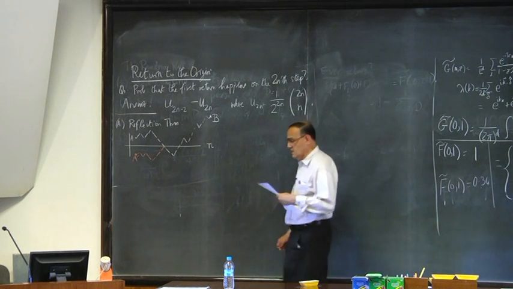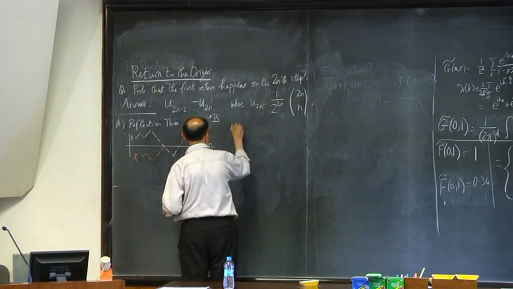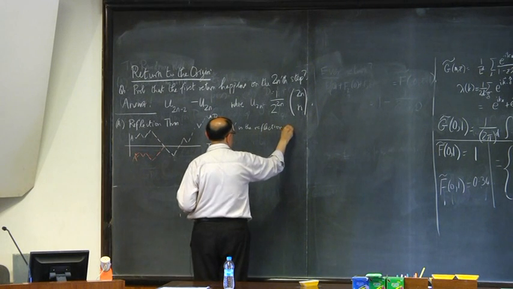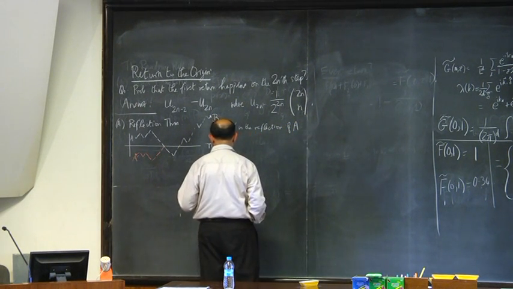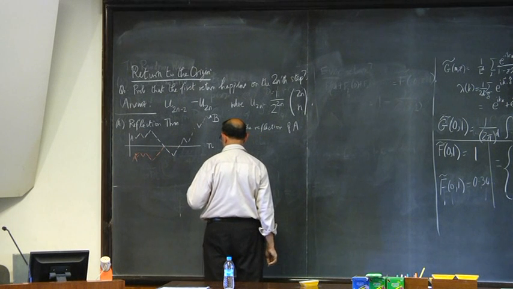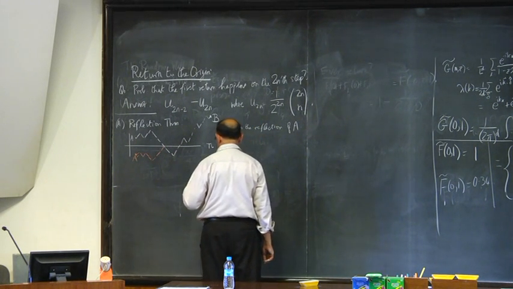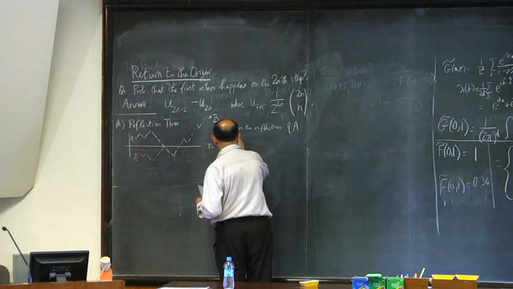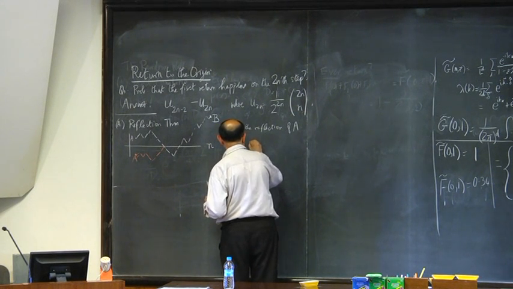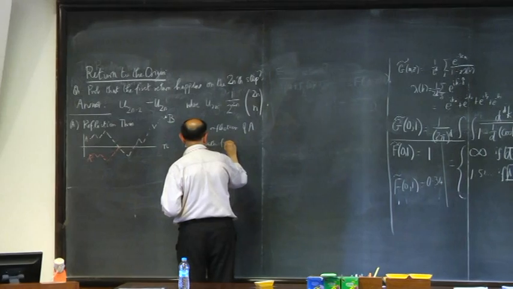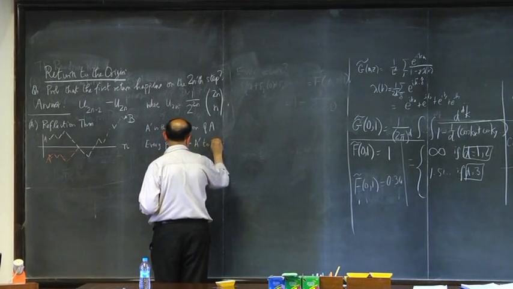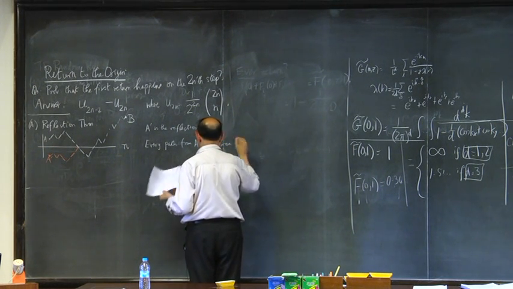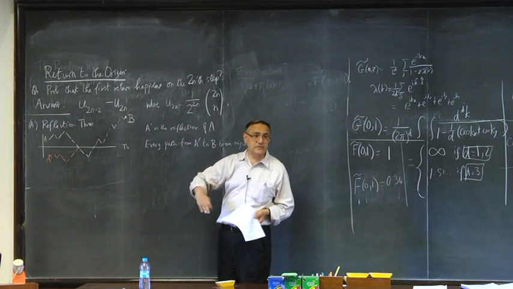Then clearly A prime is the reflection of A. So every path from A prime to B crosses the origin, obviously, because A prime is on the negative side.